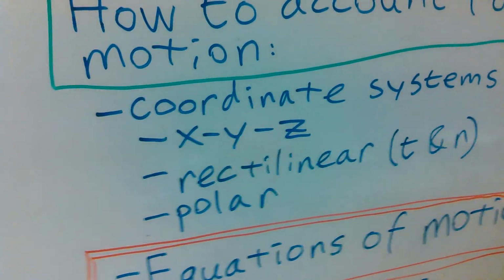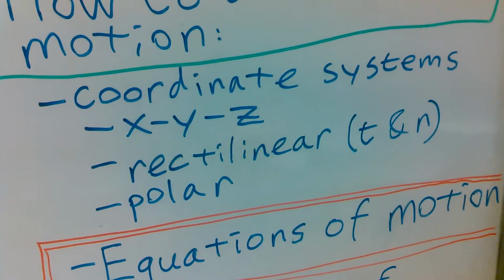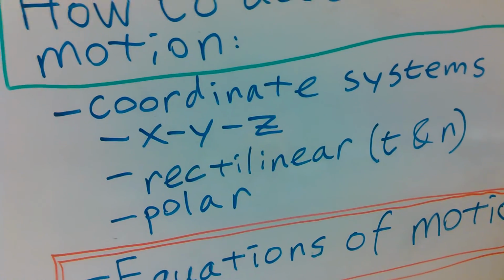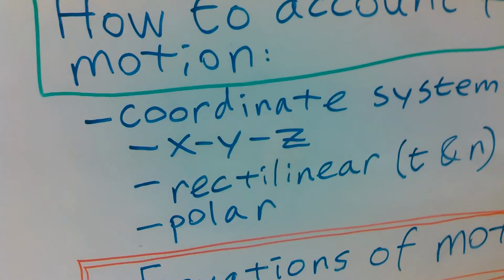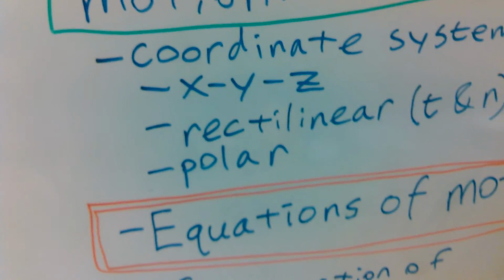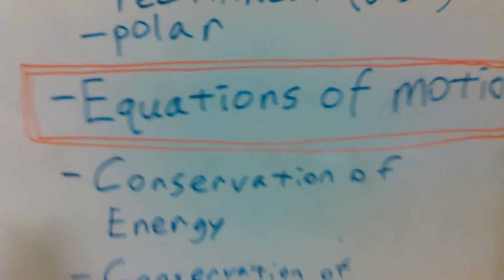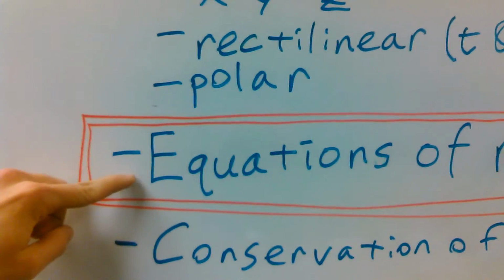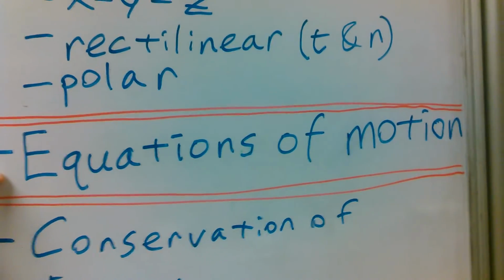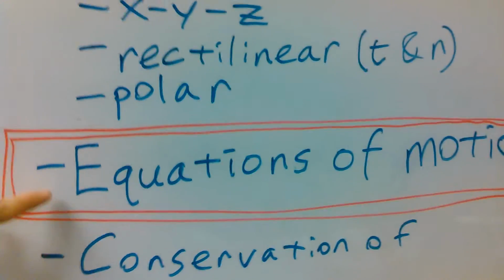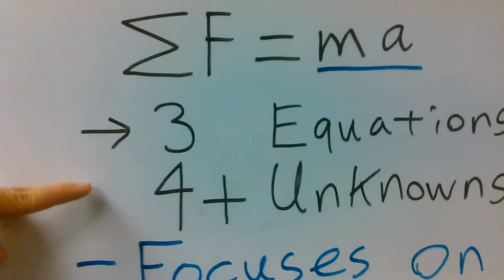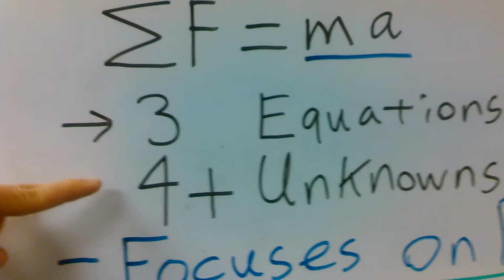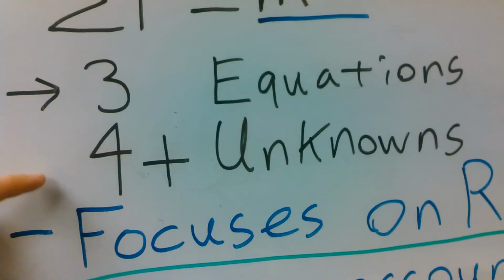And as you go through the class, you will learn that different coordinate systems are convenient for different types of motion. But the main thing that the course is going to cover is it gives you additional equations of motion. And this is what allows you to have enough equations to solve for all of your unknowns.